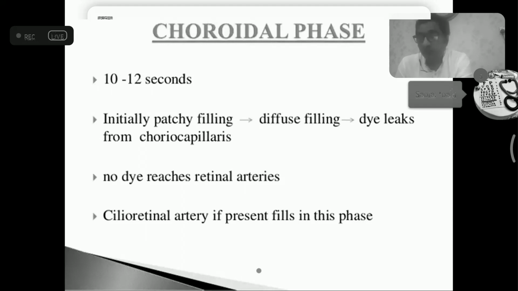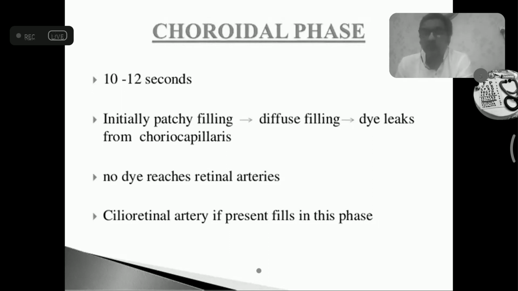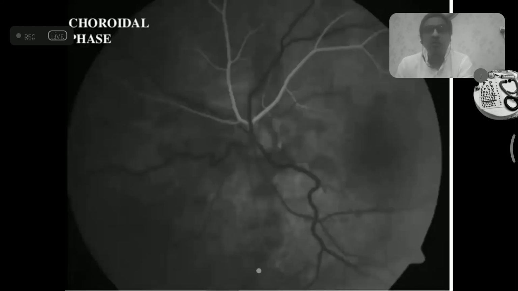After injecting, the first image we take is 10 to 12 seconds after injection. That is the first phase, the preatrial or choroidal phase. The preatrial phase takes only 1 second.